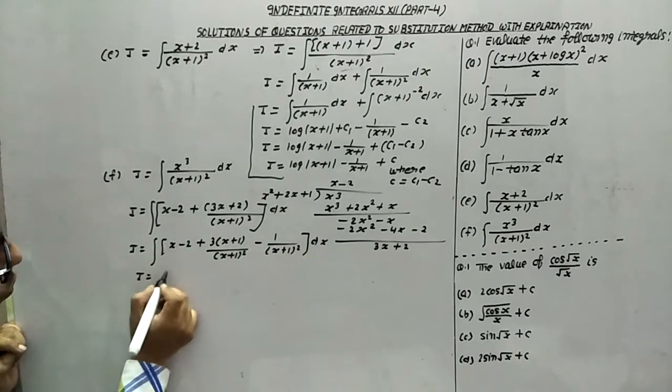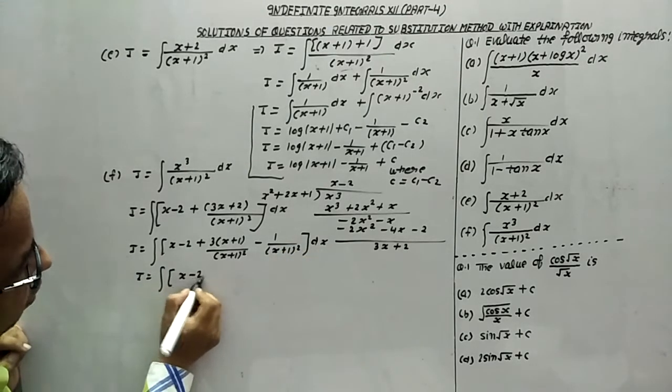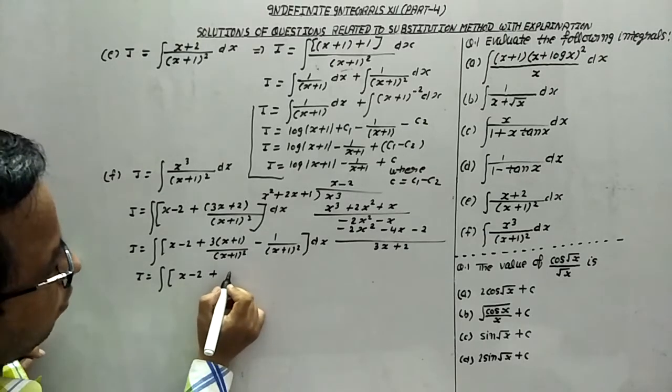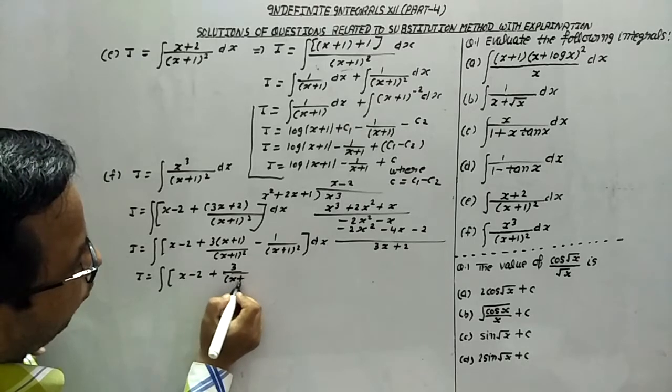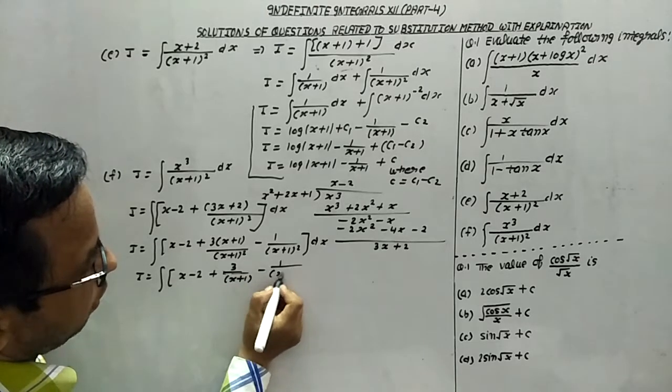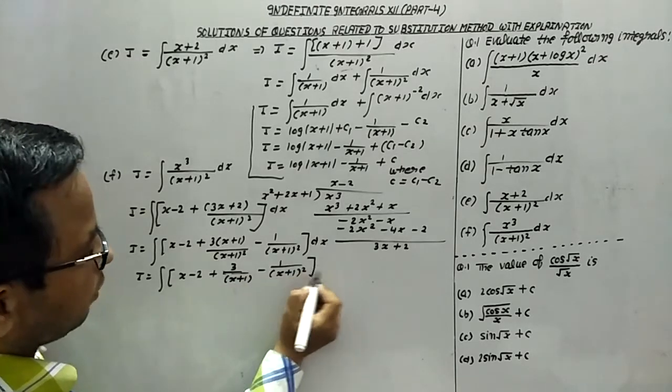Now I is equal to the integration of x minus 2 plus 3 upon x plus 1 minus 1 upon (x plus 1) whole square, and this is dx.